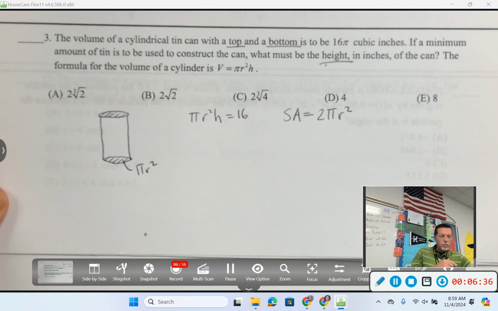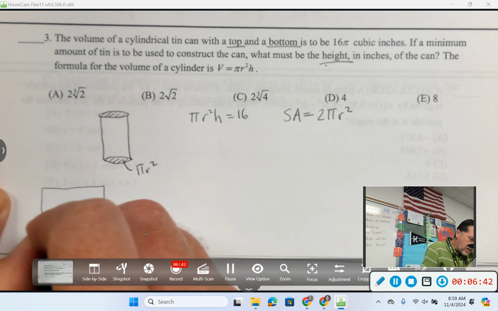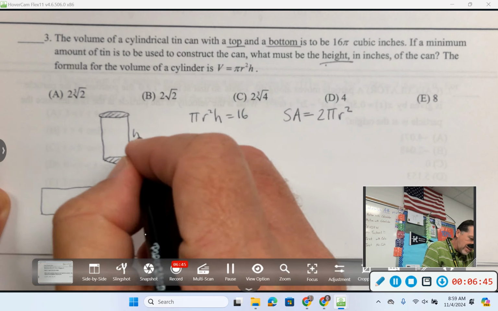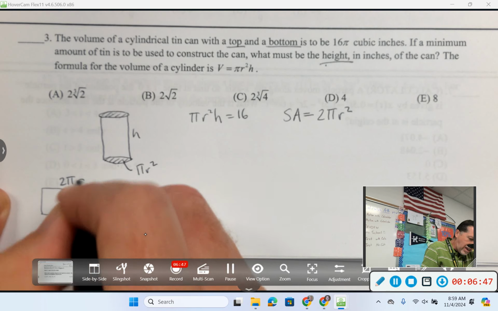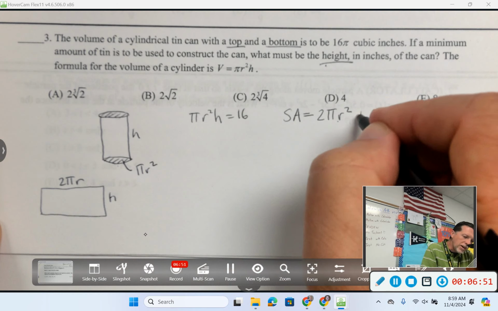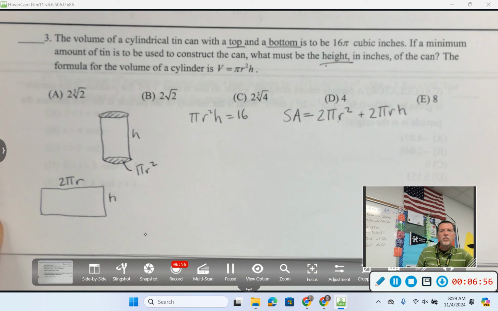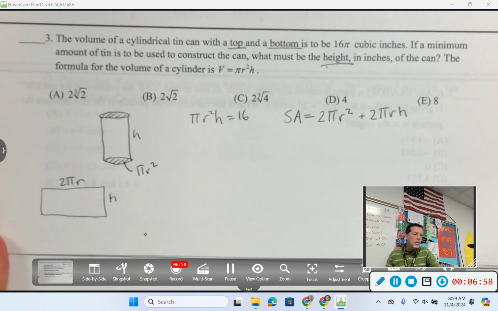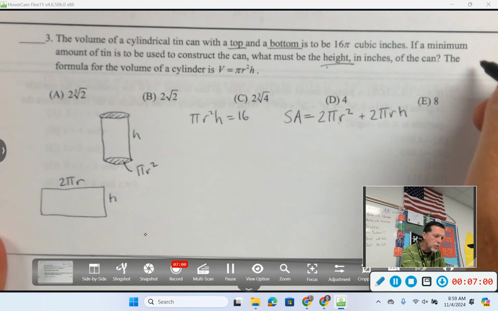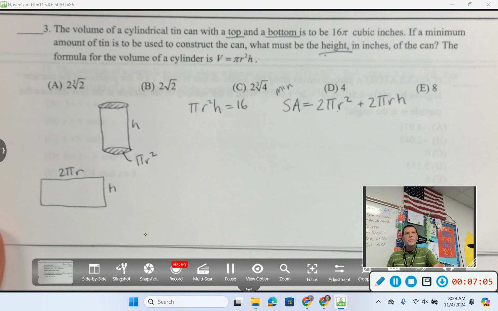And then we talked before about unrolling the label on the can, where that's the height, and that's the circumference. So 2 circles, top and bottom, plus what I'll just call the label, 2 pi r h. And that's what we want to minimize. Right, that makes sense, because we'd like to minimize the amount of material being used here.